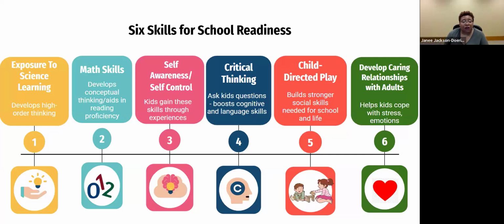Those are examples of child-directed play, where they're able to choose what they want to play, engage in that play, and build social skills. And they'll need that for school and for later on in life.